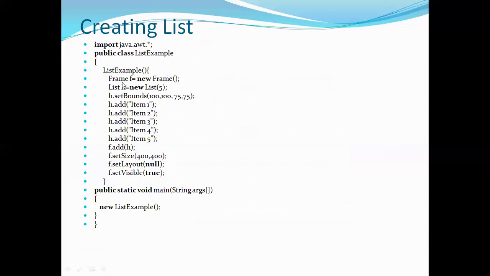Just observe, Frame f is equal to new frame. So I have created a new frame, and for that frame I'm including a list. For that I'm creating the list object, that is List L1 is equal to new List(5). So here I'm declaring the size of the list also.